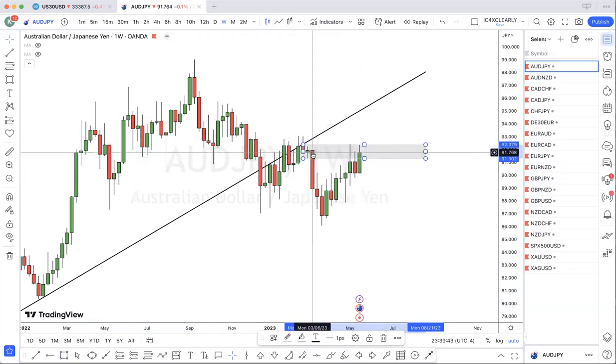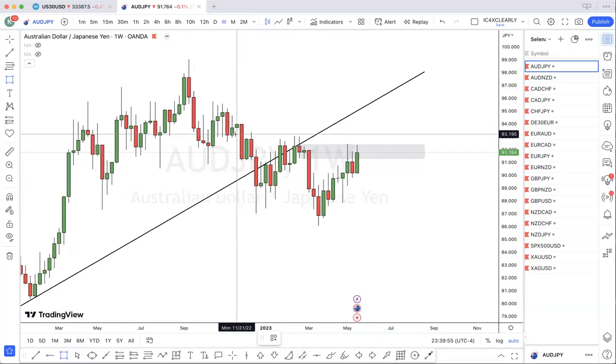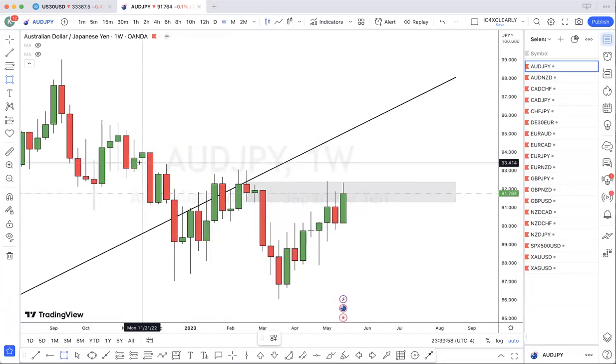This wick has already taken out this order block here. So I'm suspecting that price is going to push up into possibly this area, and that one's been tapped into.